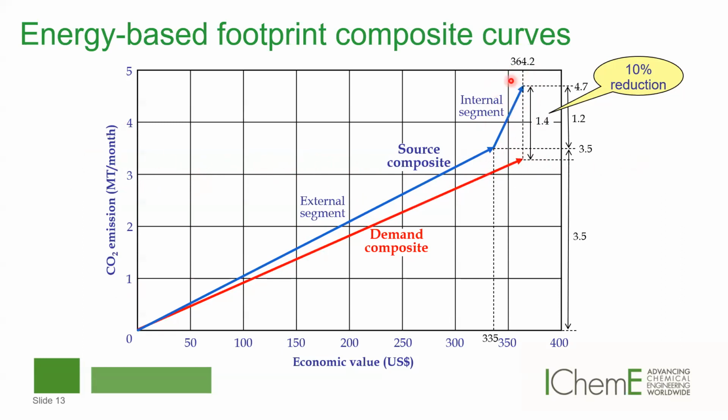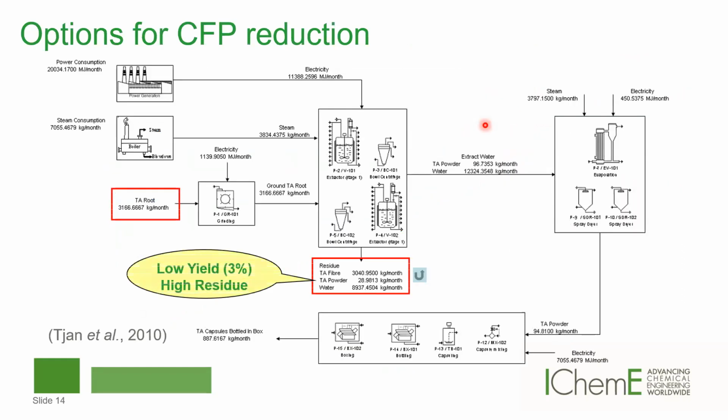So, we have to completely remove this and part of the external segment. Okay? But it's impossible to not use steam because it's a requirement in the production of tongkat ali. So, what can we do? Okay, what can we do to meet our target?